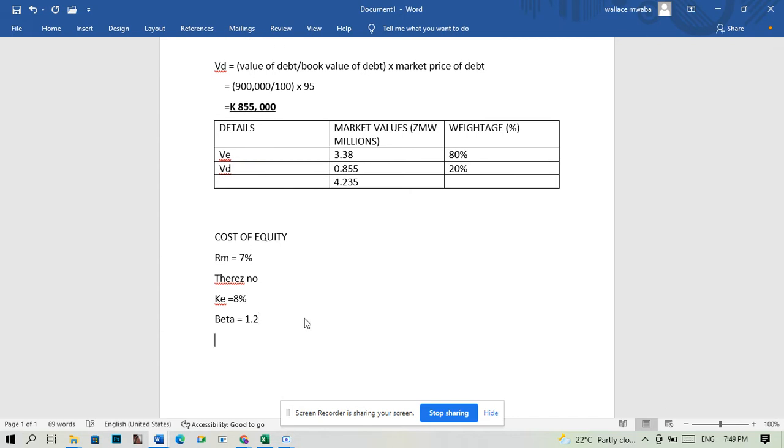We use the capital asset pricing model, which is KE equals RF plus the equity beta BE, then open brackets, market return minus the risk-free rate, right? So we're going to do some substitution. The cost of equity is 8%. We do not have the risk-free rate here.